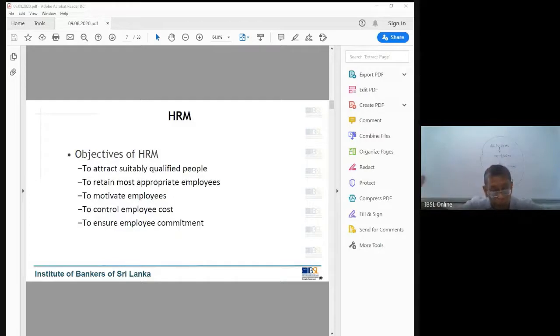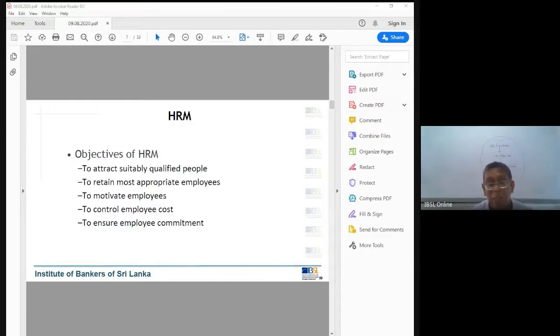That is selection. We try to get more candidates for a job. How can you do that? You can put a press advertisement, newspaper advertisement, job, banking assistant, and a lot of people have applied. That is recruitment. That doesn't mean you are going to take them.